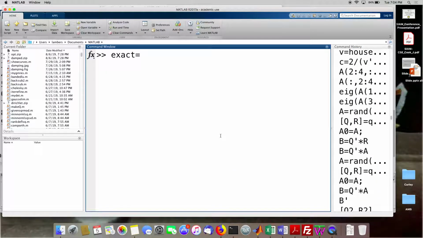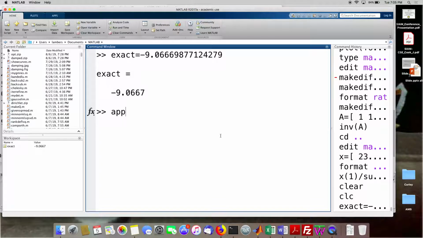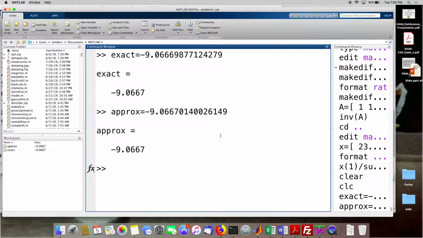So the exact value to several decimal places is 9.066698771242779. And the approximation for this extrapolation turns out to be 9.066701400261449.